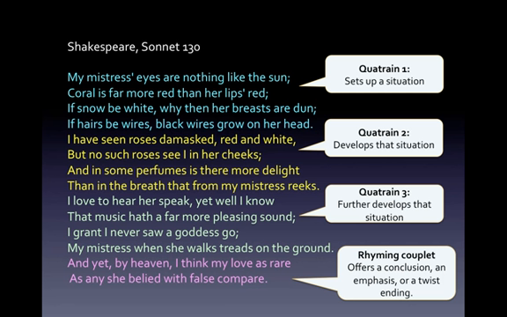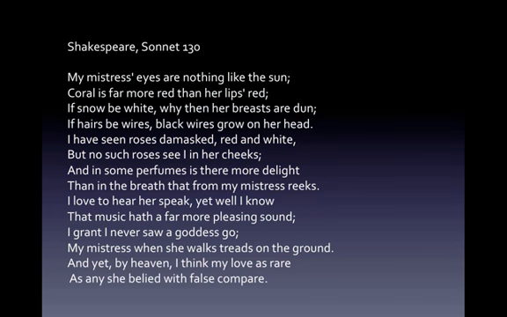Finally, the couplet offers a conclusion, an emphasis, or a twist ending. That's the structure of the sonnet. Now let's use that structure to determine the poem's meaning. Again, we'll keep our analysis brief since this is only an example.